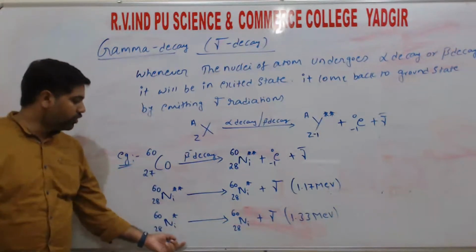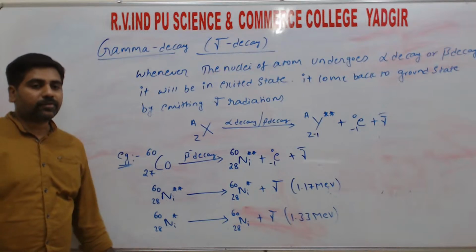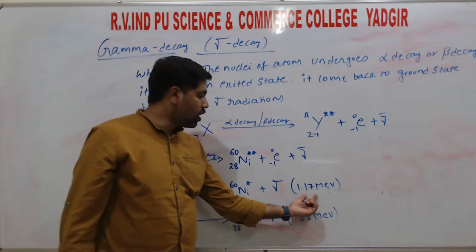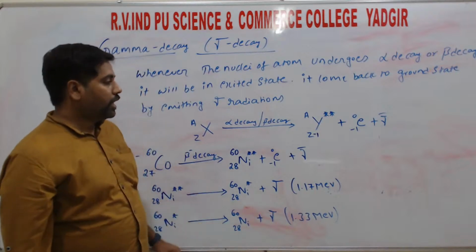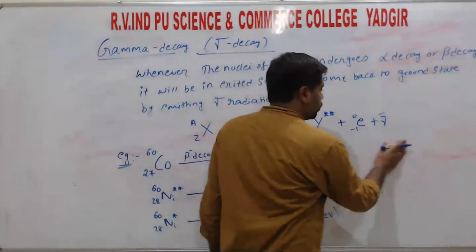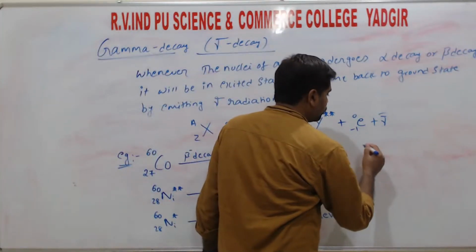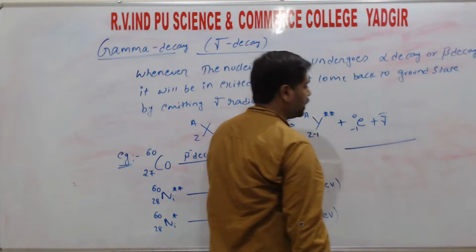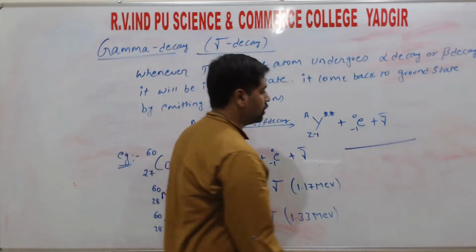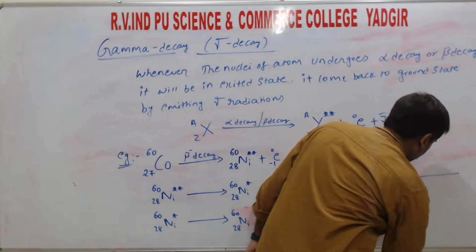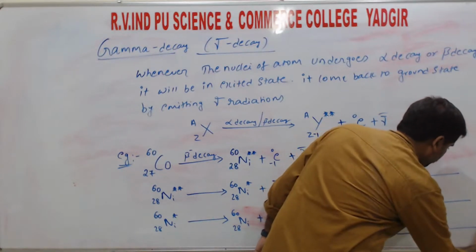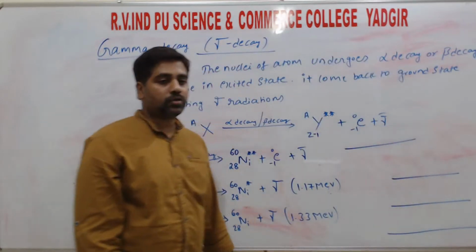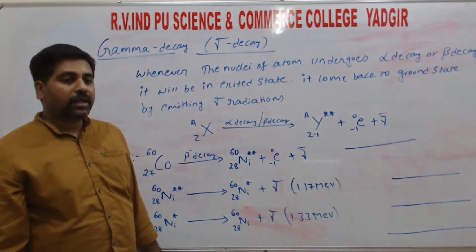For this example, you need to write all the three steps, and here we need to indicate how much energy is releasing. As we already know in the electrons energy levels, here also we have energy levels. In the nucleus also we have different energy levels.